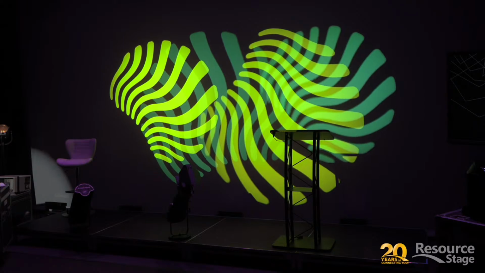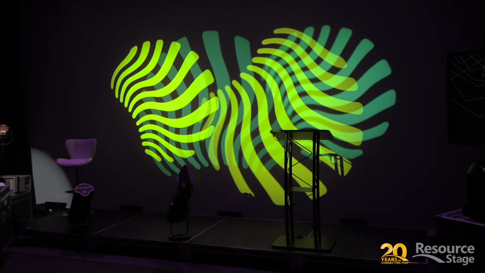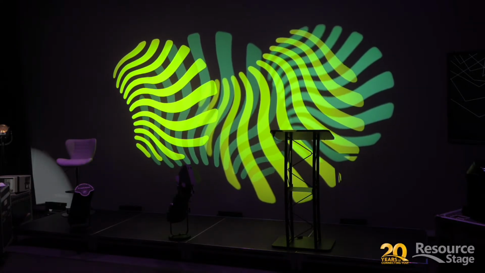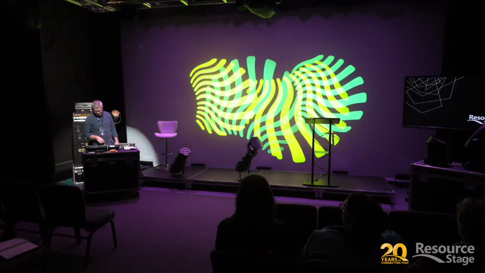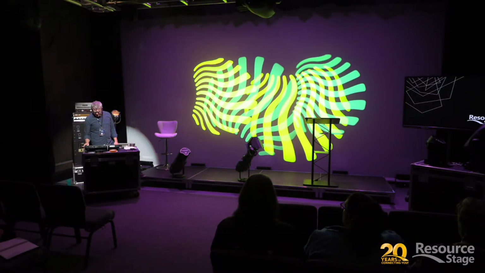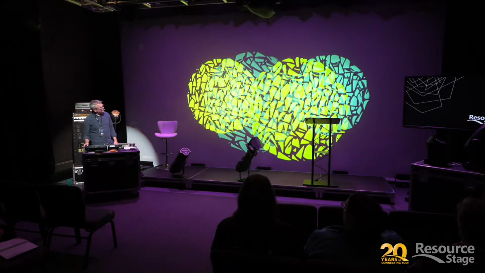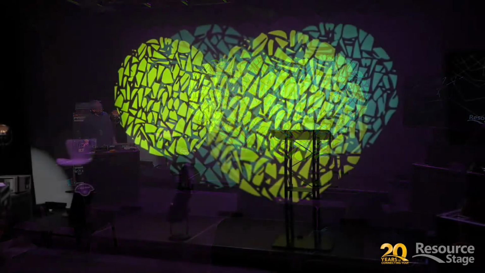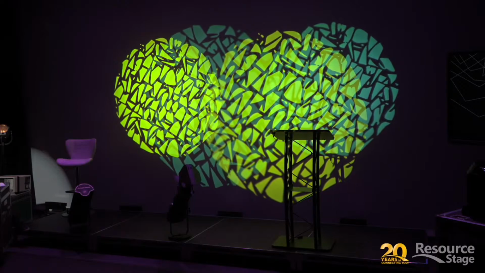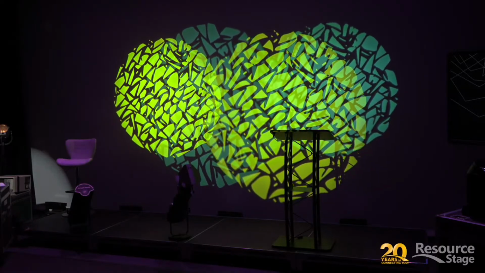It's important to note that there's lots of things I can do with this where I might want to change the speeds on different ones to get a different kind of effect. This is okay, but I feel like maybe if we went to a Gobo like this, maybe this is an option for giving me something more of a water effect.